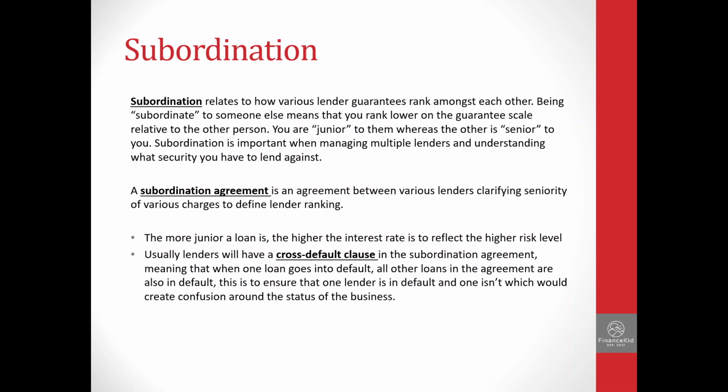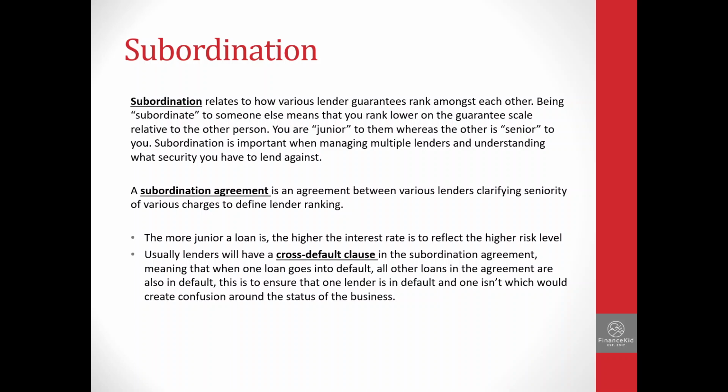And so what this relates to is how lenders rank themselves, right? So there may be multiple loans made to a business. I have a loan for a piece of equipment. I have a loan for the real estate that the business is in, and maybe I have a loan for just general financing of the business, a working capital line or whatever the case is. So how do we rank?